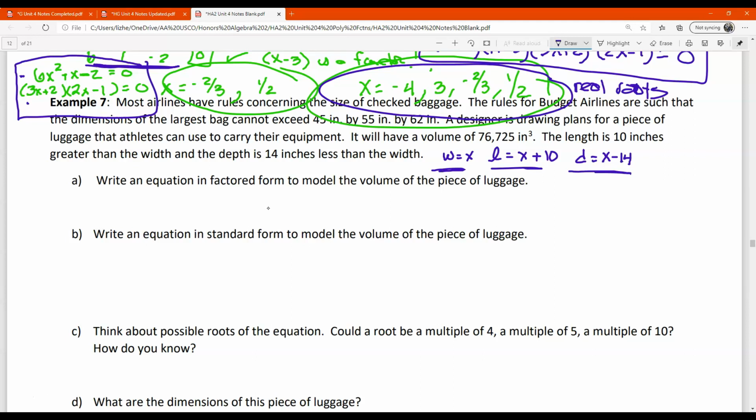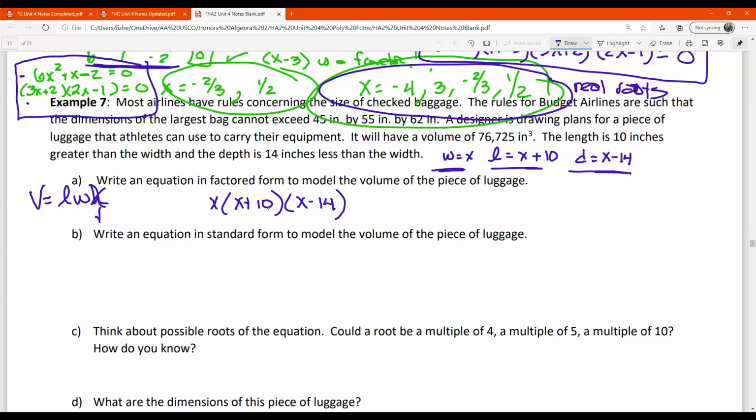Write an equation in factored form to model the volume. So the volume is length times width times height or depth. So you're going to say x times x plus 10 times x minus 14. That's my volume, right? Volume equals length, width, and height, which in this case is depth.